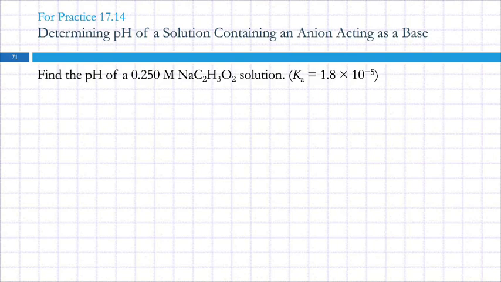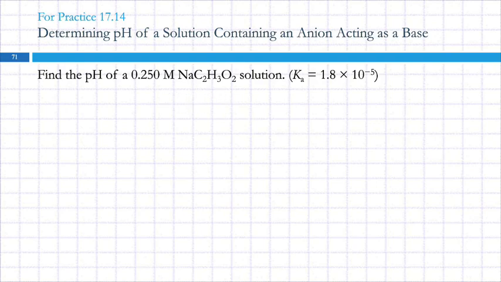So let's find the pH of a 0.25 molar sodium acetate solution. And we're given a Ka. So we look at this guy.